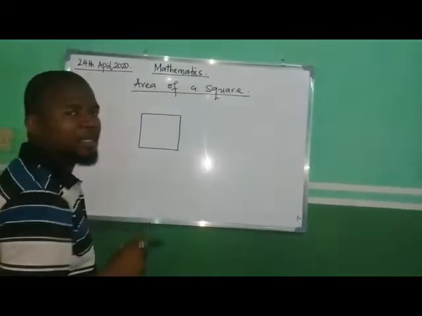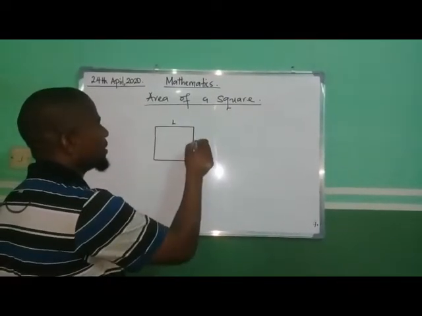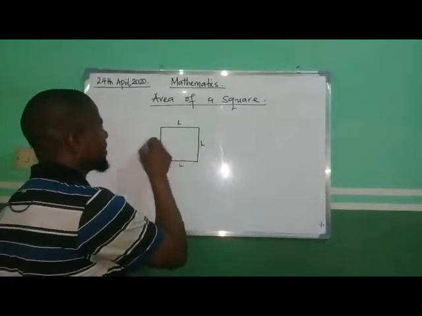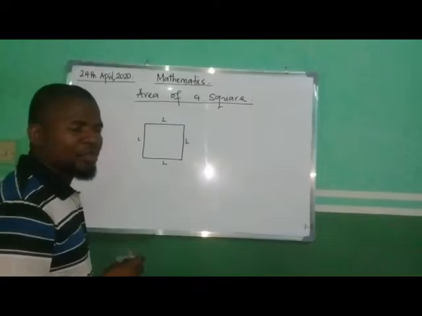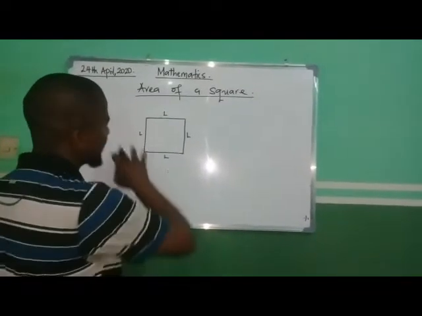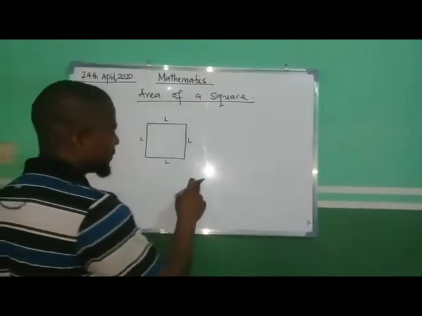It means they are all the same. For that reason, they are all referred to as side, or you can call it length. Okay? It means they all have the same measurement or the same magnitude in terms of the dimension.